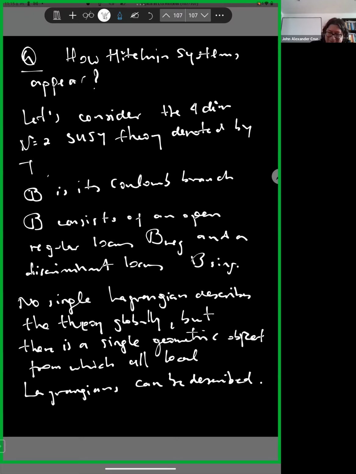And the interesting thing is that this geometric object is an integrable system. So that object is a complex integrable system associated with G. So what is the moral of this thing?